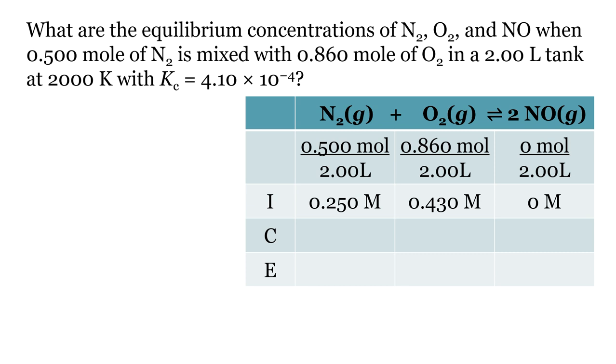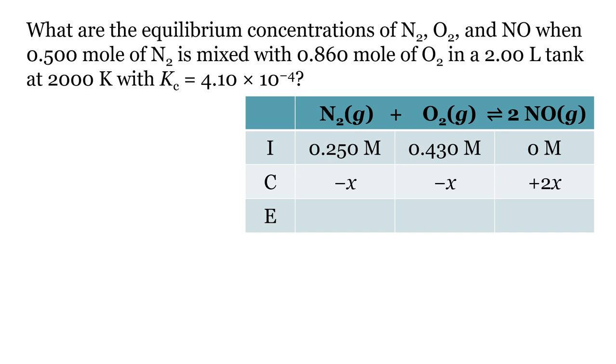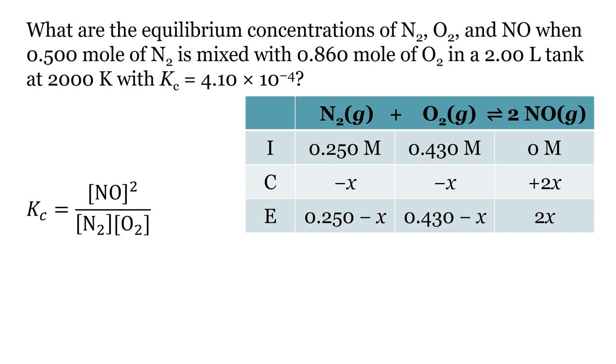Next, we need to fill in the change line of the ICE table. We see that our balanced chemical equation tells us we're going to consume X moles of nitrogen, consume X moles of oxygen, and produce 2X moles of nitrogen monoxide during the reaction. Next, we need to write in the equilibrium values for nitrogen, oxygen, and nitrogen monoxide and drop them into our K sub C expression.